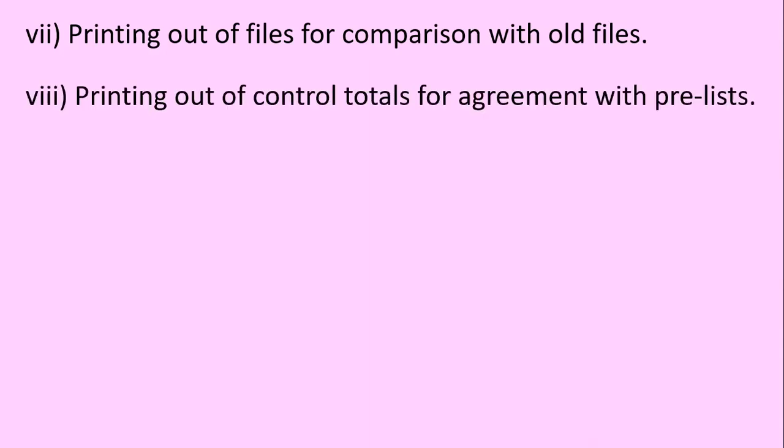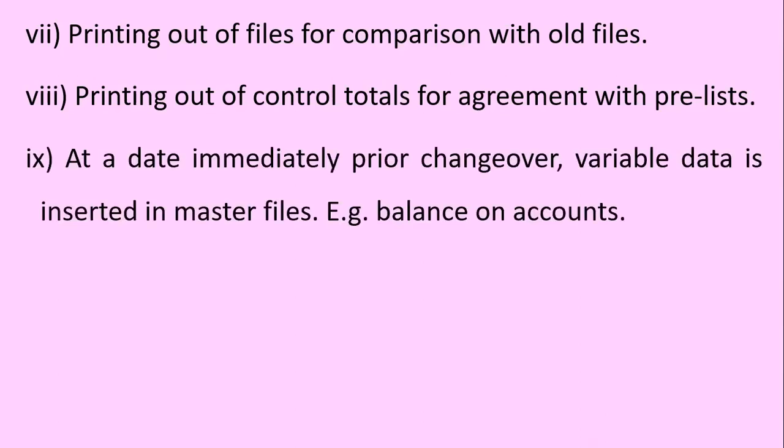Number 8 is printing out of control totals for agreement with the playlists. Number 9, at a date immediately prior to changeover, variable data is inserted in master files, for example, balance on accounts.